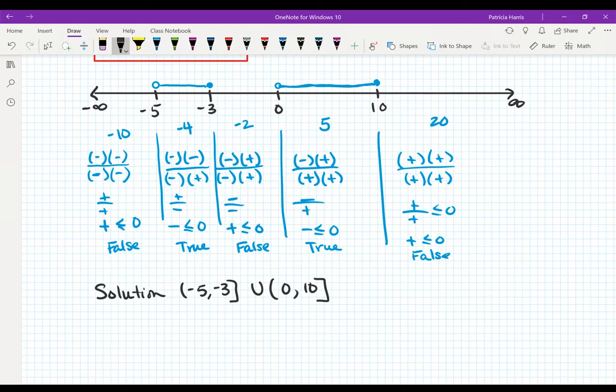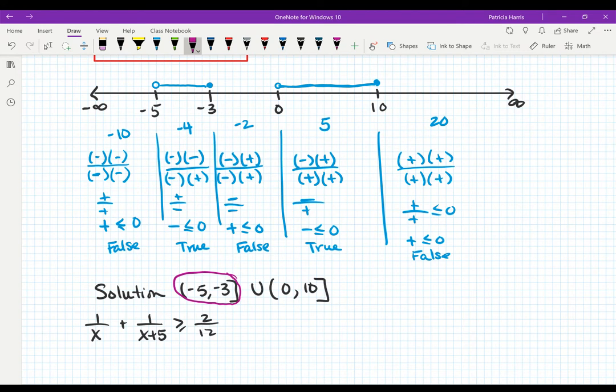Okay, now let's think about this for a second. My original problem said this: first part of the journey at x miles per hour, second part of the journey at x plus 5 miles an hour, is at least 2 parts of the journey for an average of 12 miles an hour. If I pick a number in here, what does that say about my speed?